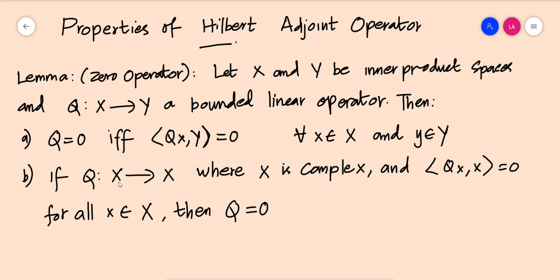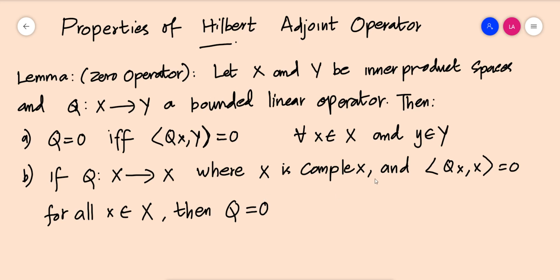And in the case of a complex inner product space, if Q is from X to X, where X is a complex inner product space, and <Qx, x> is equal to 0 for all x element of X, then Q is equal to 0. This is the particular case when X is a complex inner product space.